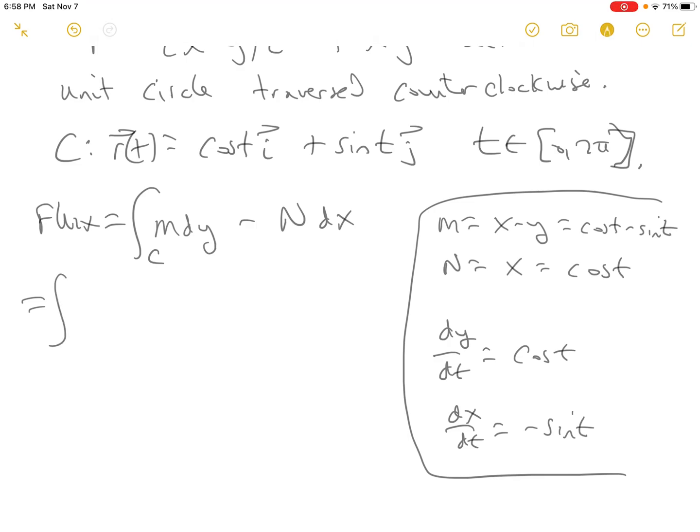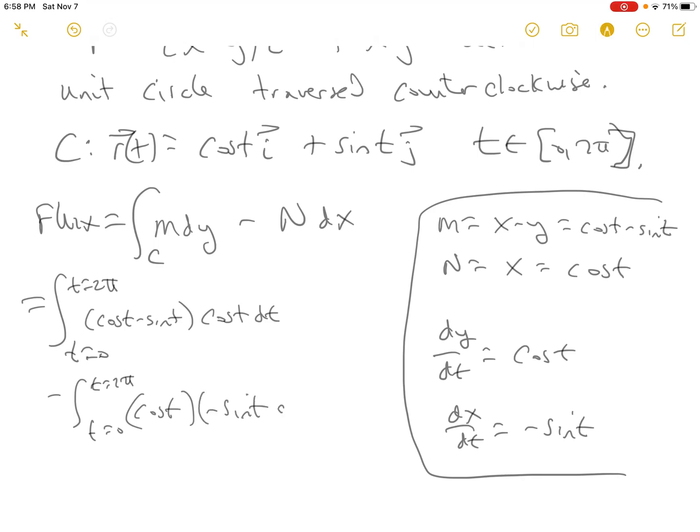So M dy turns out to be, so t goes from 0 to 2 pi, M is cosine t minus sine t, and dy is cosine t dt, minus N dx. N is cosine t, and dx is minus sine t dt.